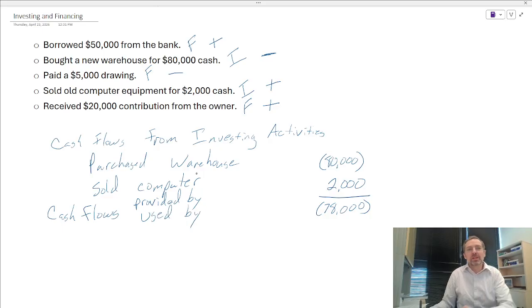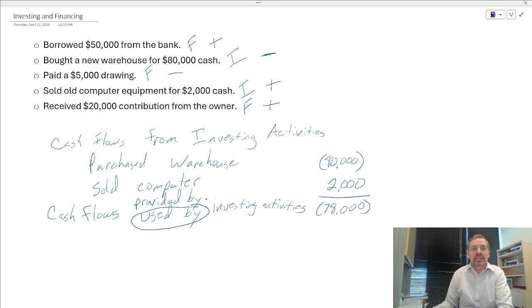The terminology differs somewhat depending on which company you're looking at, but we need to make our language match what the cash flows actually are. So in this case, we have a negative, so we would use the terminology used by investing activities, and we would not use provided by. Provided by is if we have positive cash flows.